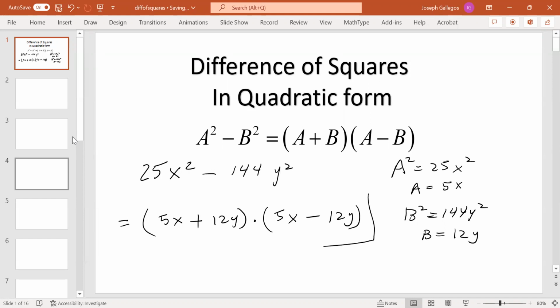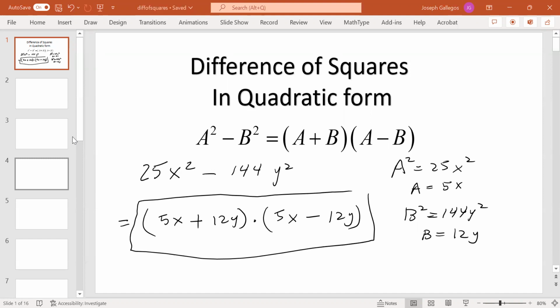The solution would be 5x plus 12y times 5x minus 12y. When we look at the difference of squares, this is a special form. This type of special form has two terms, and these two terms are separated by a minus sign. The question to ask yourself is, are these two terms squares or not?